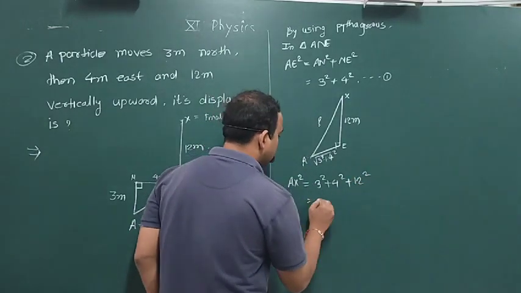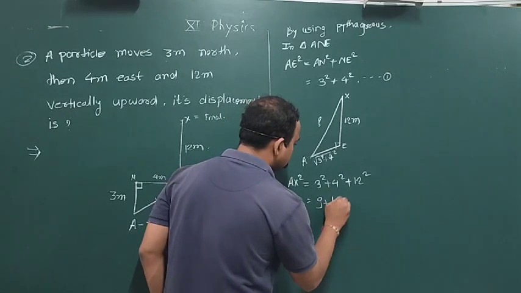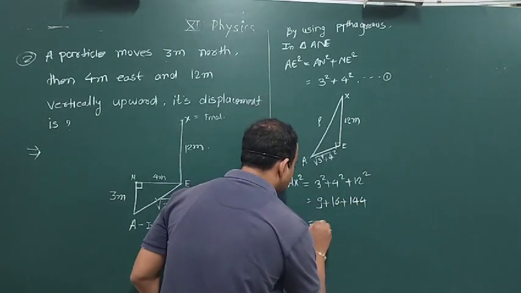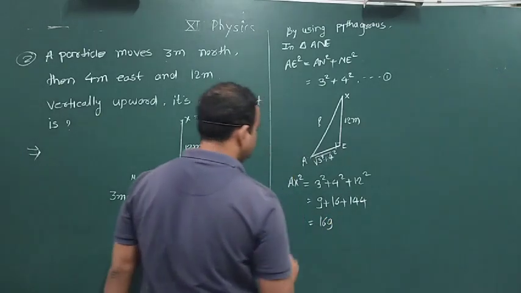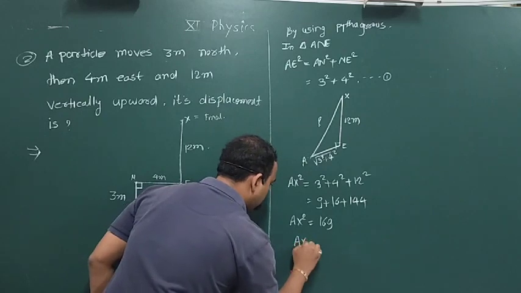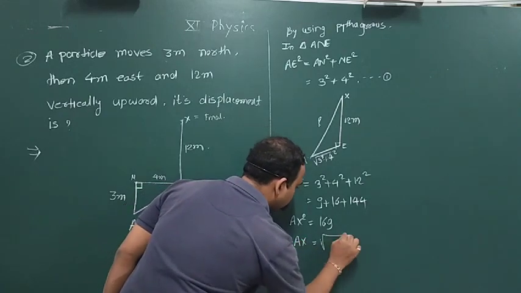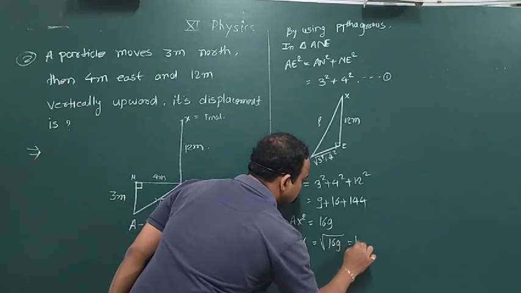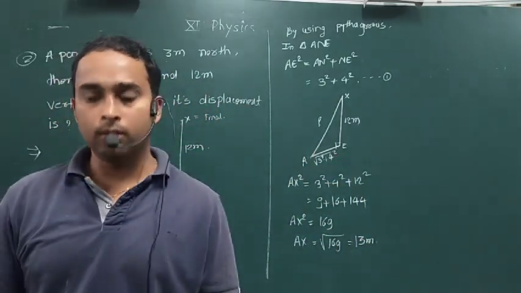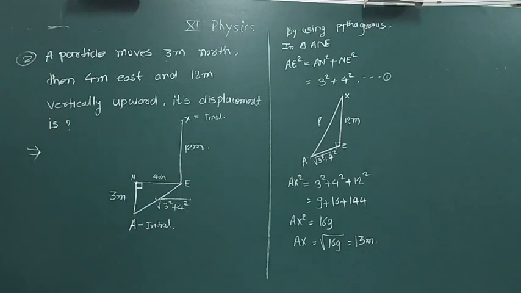So now we get 9 plus 16 plus 144, which is equal to 169. Taking square root on both sides, x is equal to square root of 169, that is 13 meter. Okay, we used only Pythagoras and solved.